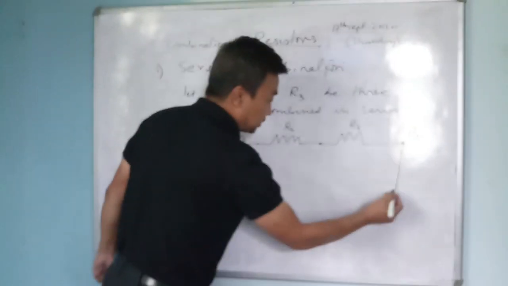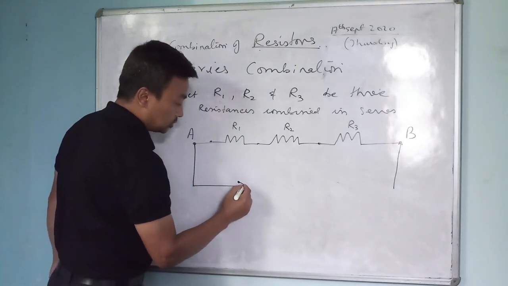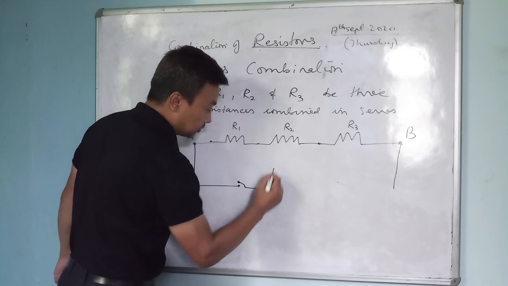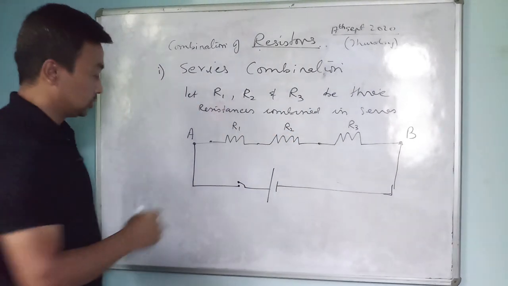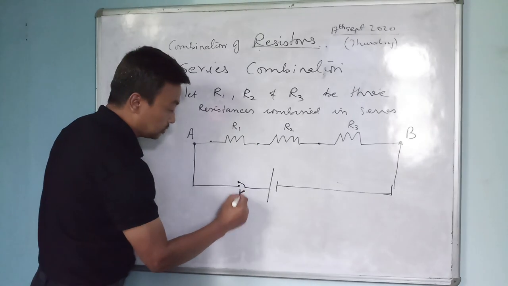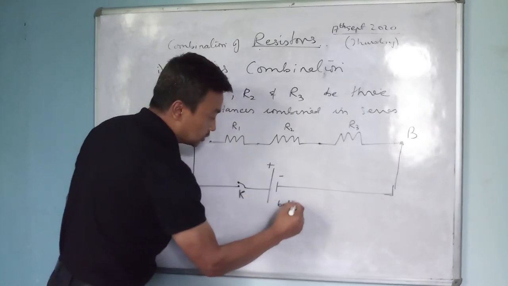Now the two ends of the terminals are connected to a source of current, and basically the source of current is a battery. So there is a key here and the circuit is now completed. This is called the plug key, and this is the cell of the battery, the source of the current.